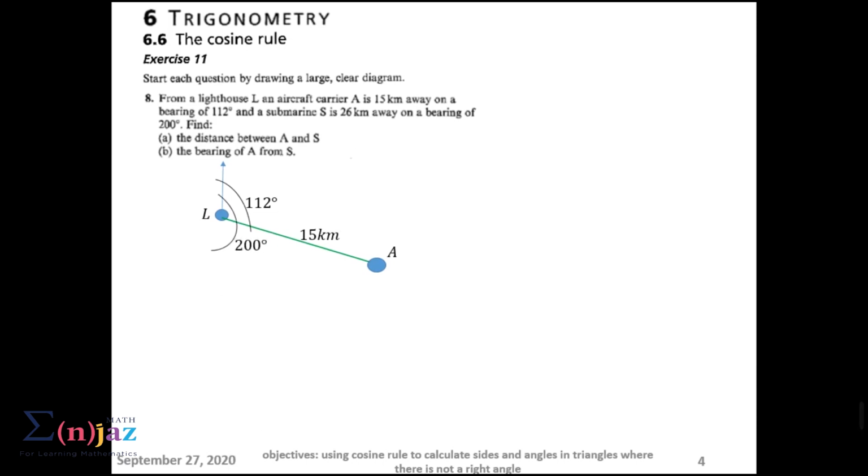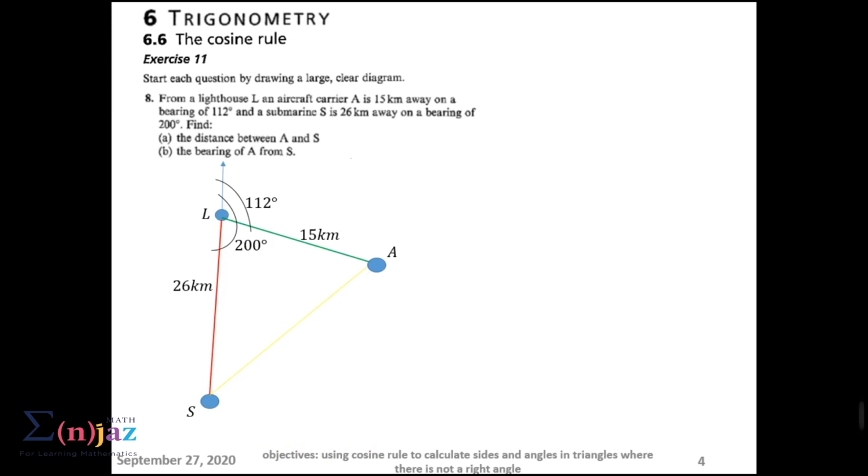We know the direction of the submarine and the distance is 26 kilometers. Now, to finalize the diagram, we must always look for our triangle. To complete this shape, if we connect A and S, this is the triangle. Now we have the diagram completed.